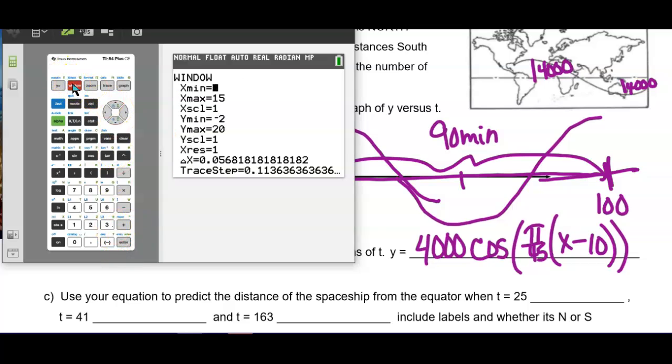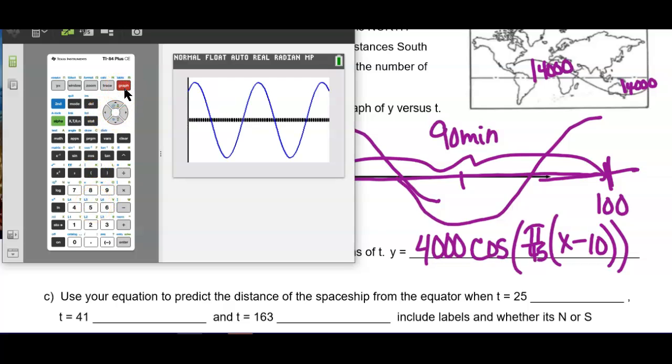Now, if we want to see one cycle, it would be out to 100. It does say here we need to check at 163. So I'm going to go out to like 200 seconds or minutes into the story. Minutes, wasn't it? And then it's 4,000 above and 4,000 below. So I'm going to put a little extra so that it doesn't hit the top or bottom of my graph. Just kidding. There we go.